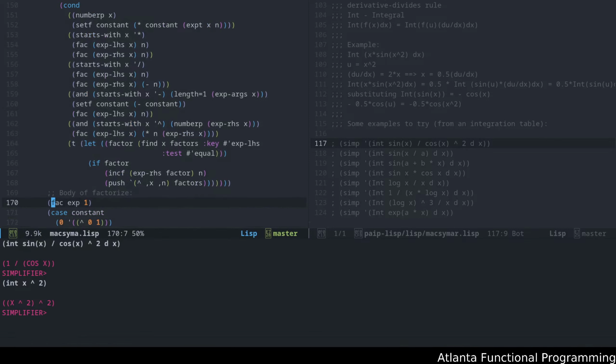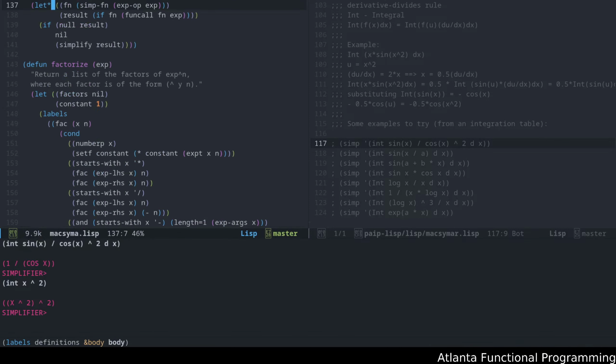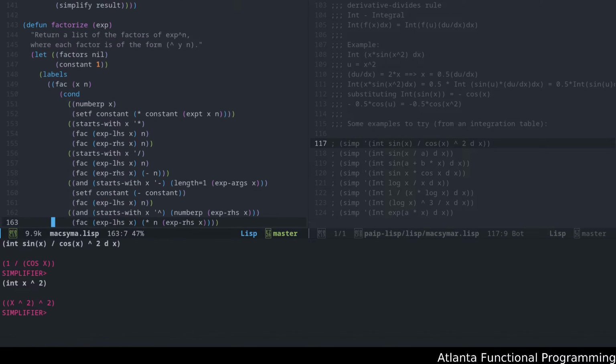But in case you've forgotten, labels allows us to define an inner recursive function that we could then leverage. In this case, factorization naturally being a recursive function to actually factorize any expression.